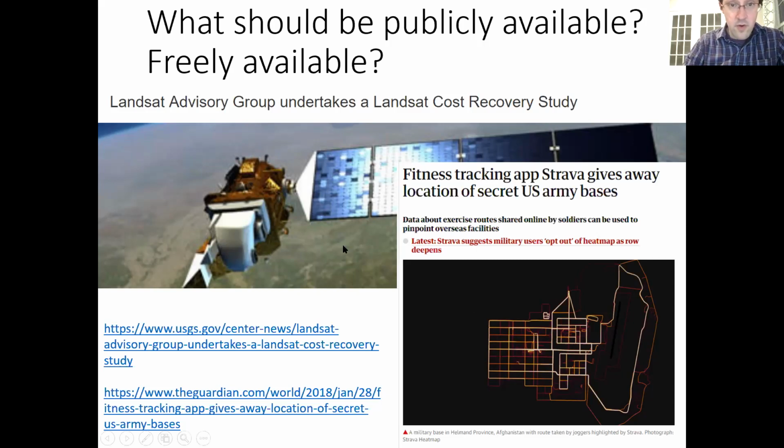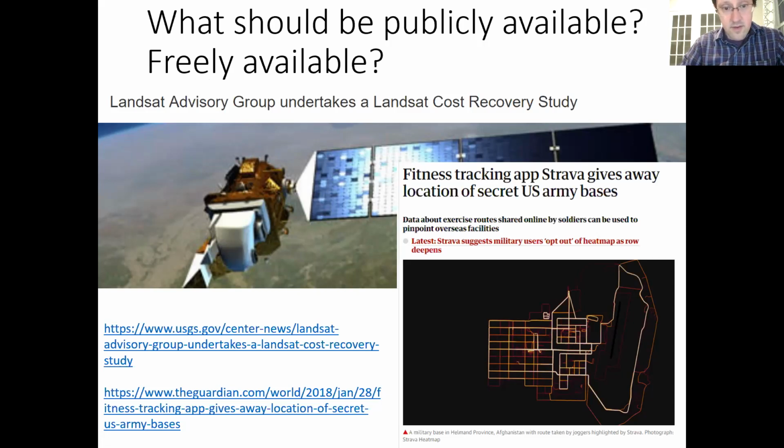Then there's also the question of what should be free. Many of you, especially if you have taken remote sensing, have used Landsat data. Landsat data is, at least currently, freely available.